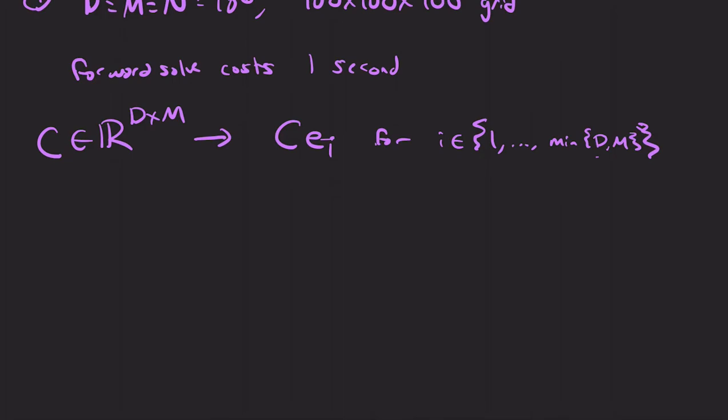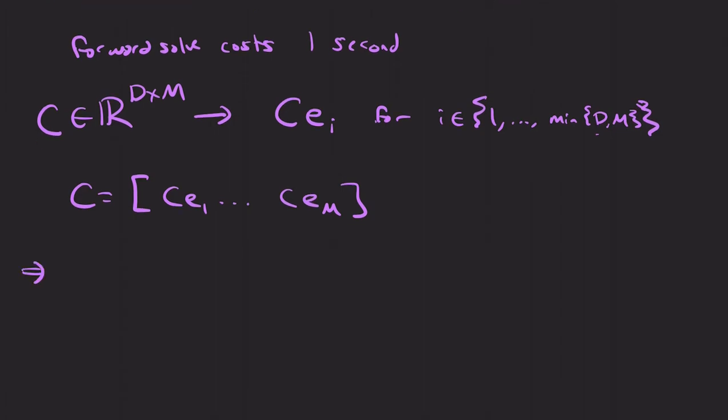But the point is, if I give you a matrix C that is a representation for C. So here in this case, we have M equals D, equals 10 to the 6th.